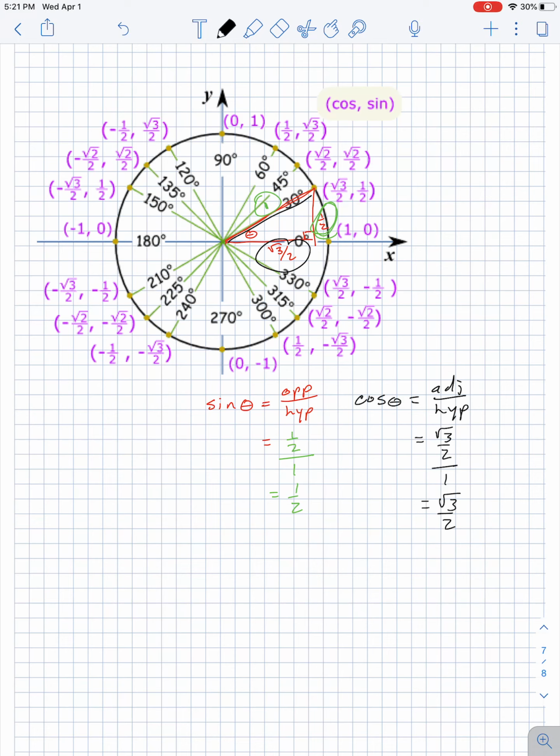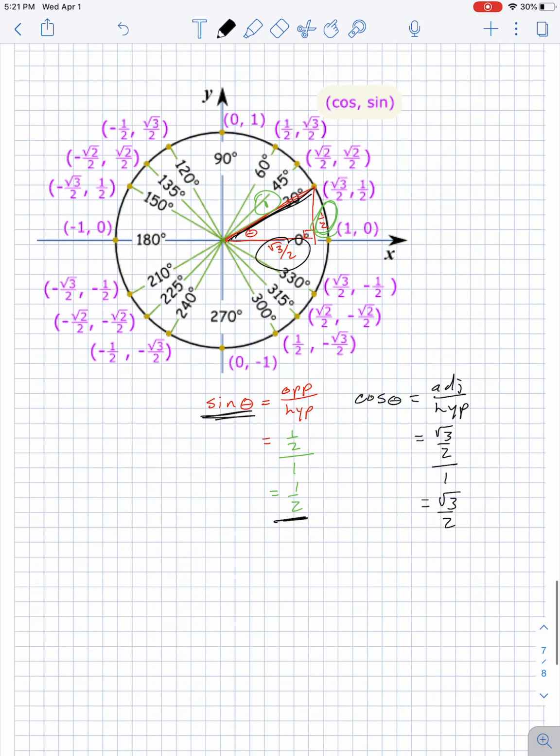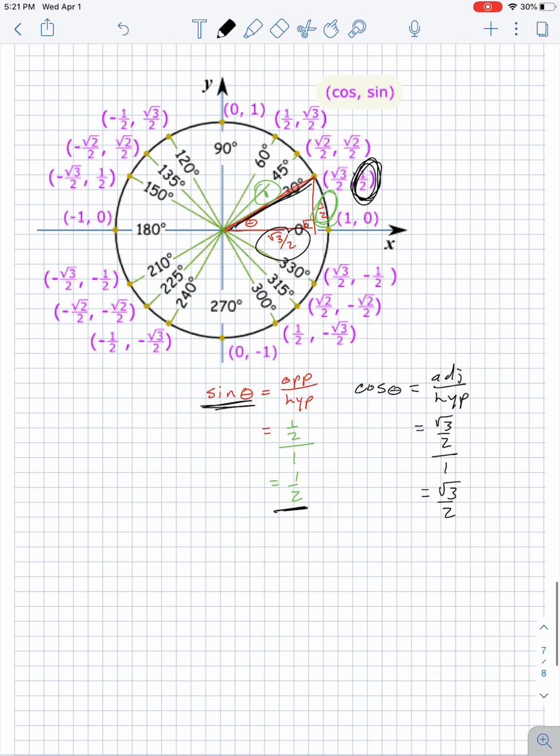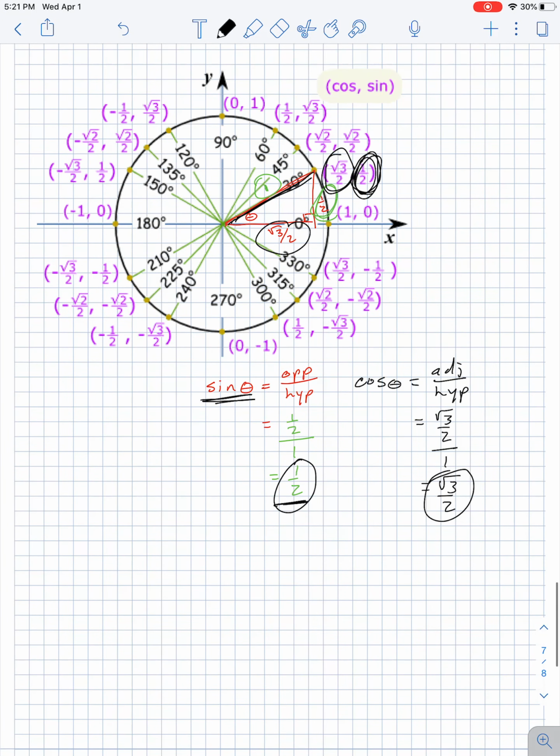Because on the unit circle, the hypotenuse is always 1, that means that the sine ends up just being the y-coordinate. Look at this point. That's 1/2, and the sine is 1/2 there. And the cosine ends up being the x-coordinate, because you're always going to divide by 1, it just ends up being the 2 legs of the triangle.